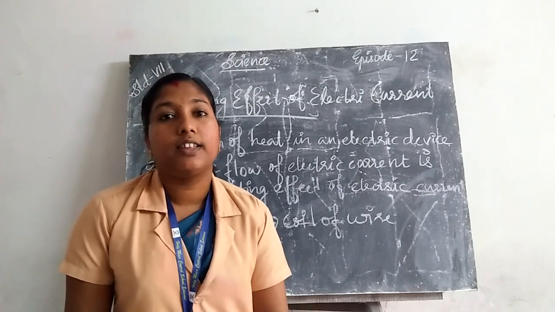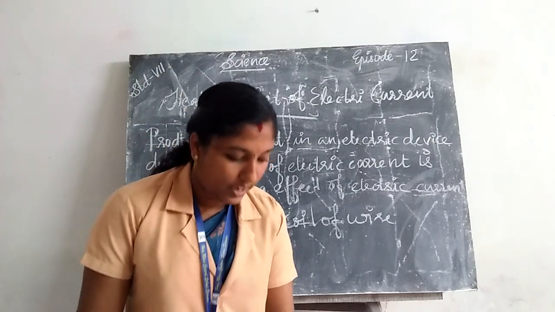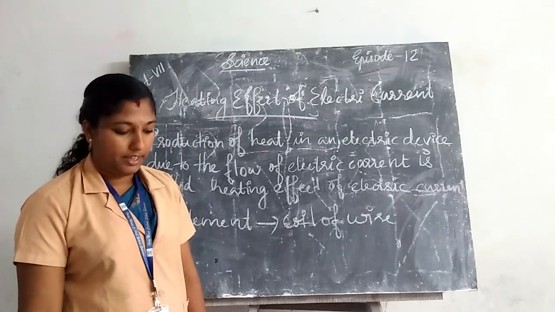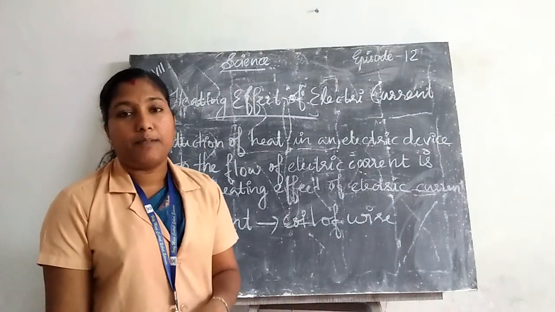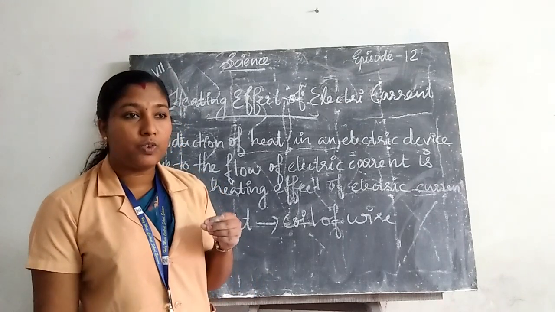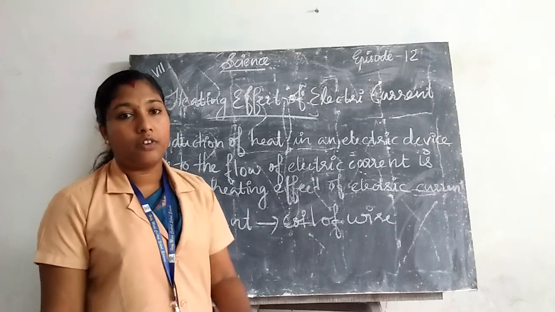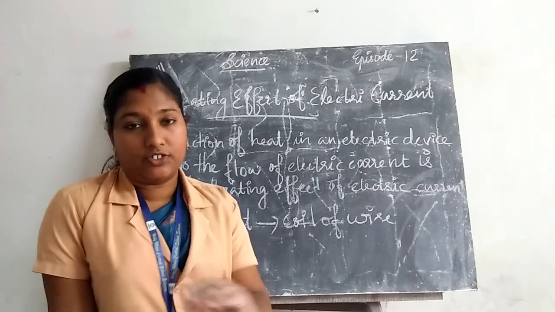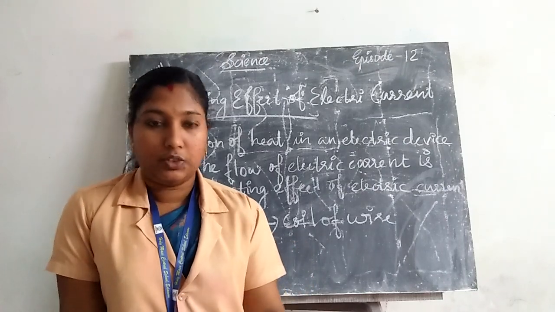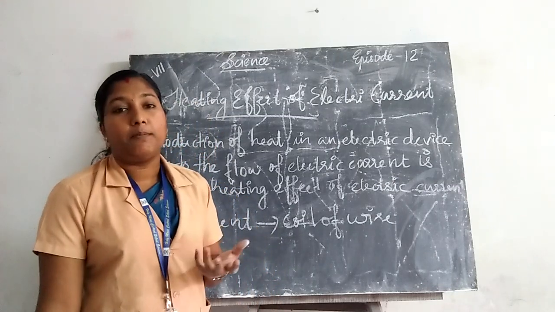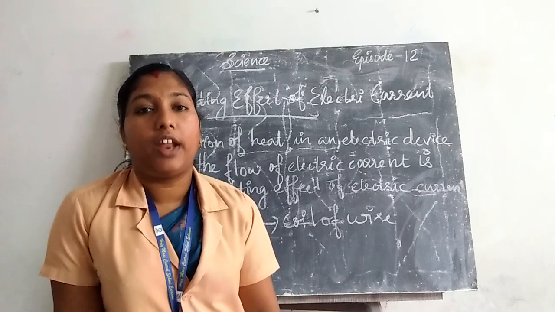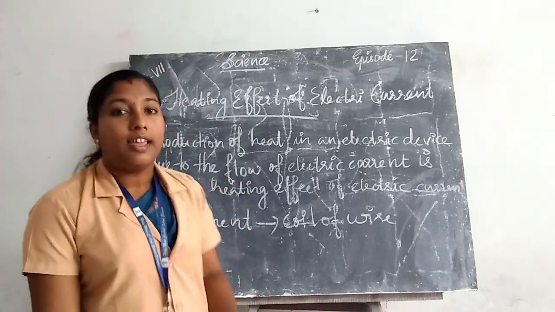This coil of wire is called a filament. When these appliances are switched on after connecting to the electric supply, the elements present inside the devices become red hot and give out heat.